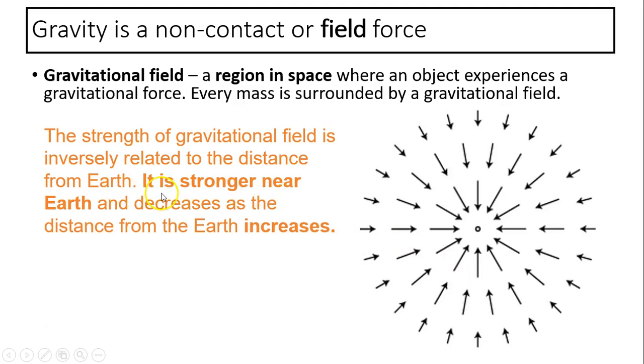On Earth, the field strength is 9.81 newtons per kilogram. But as you move away, the field gets smaller and smaller. As we have learned with vector diagrams, the length of the vector indicates its magnitude. This is near the Earth. As you go away, the arrow's length is smaller, but the direction is still pointing toward the center of the Earth.